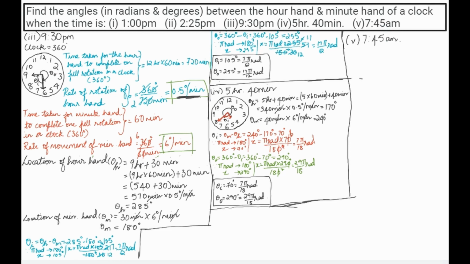Here I will be finding only theta h, theta m, theta I and theta O, because previously we have already found out the rate of rotation of our hour hand and rate of rotation of our minute hand. So first let us mark the time in our clock. 12.